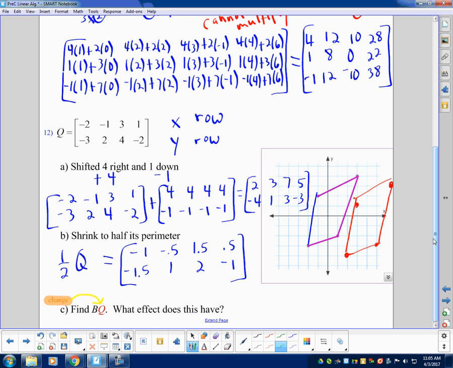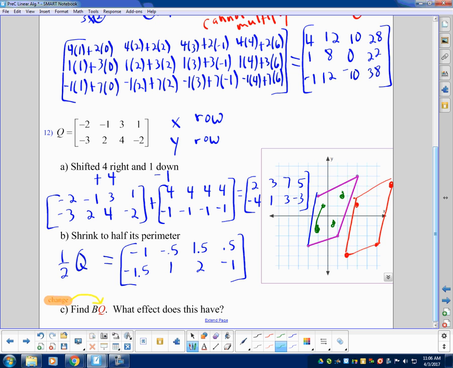So half of Q, -1, -1.5 would be about right here. -0.5, 1 would be about right here. 1.5, 2 about right here. And 0.5 comma -1 would be right here.